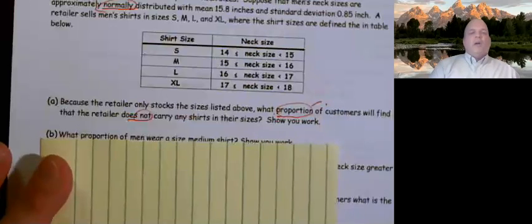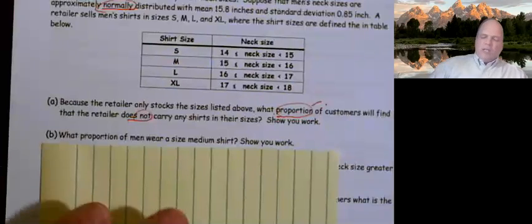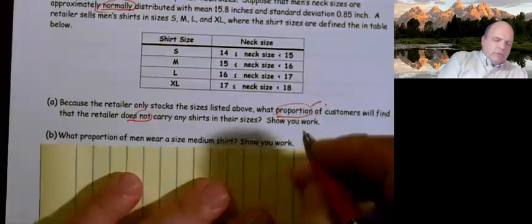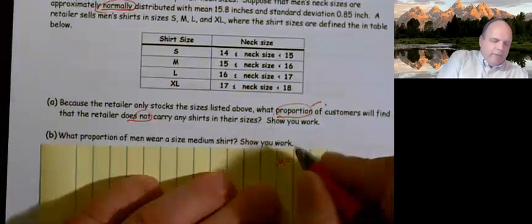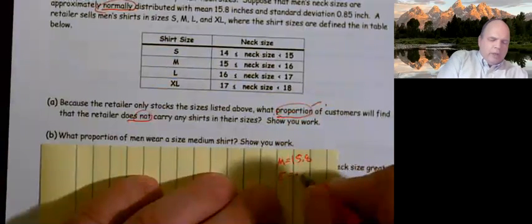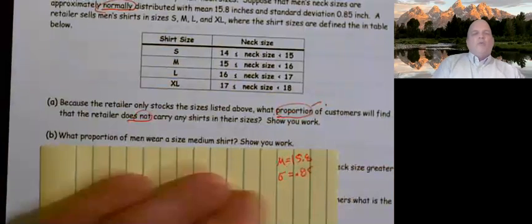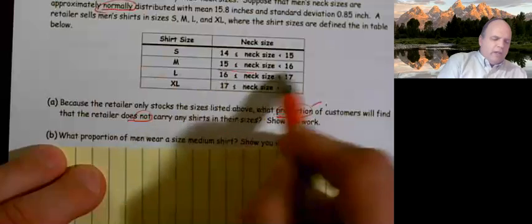Okay, letter B. What proportion of men wear a size medium shirt? First off, again, before I forget about this, we have a 15.8 average neck size and a standard deviation of 0.85. So we're looking for a size medium. Well, size medium means we're working with 15 to 16.